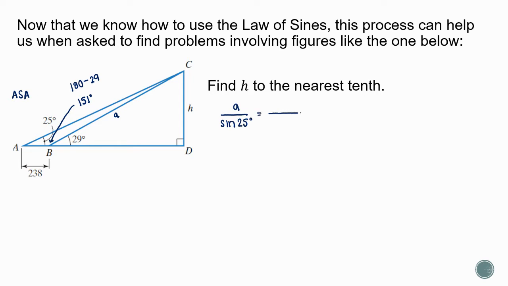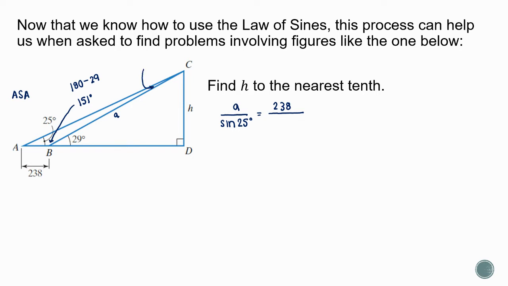That would be set equal to the only side we know, this 238 side length. Notice that that is actually across from angle C. So we have to do one more step. We have to figure out what angle C is.